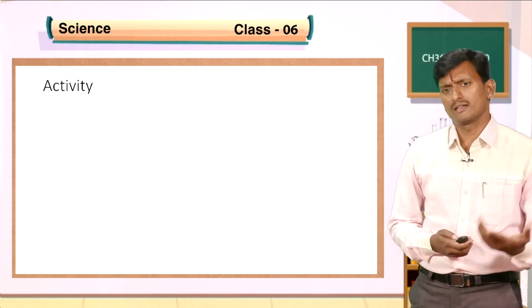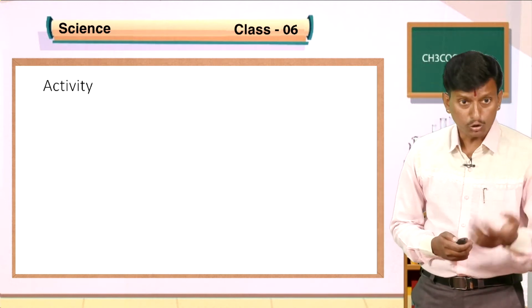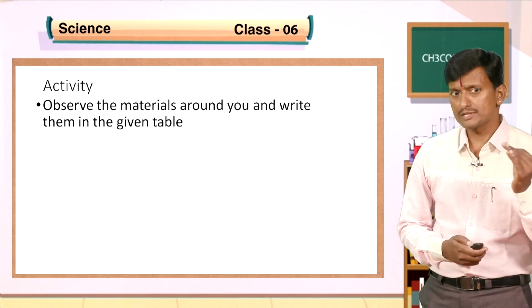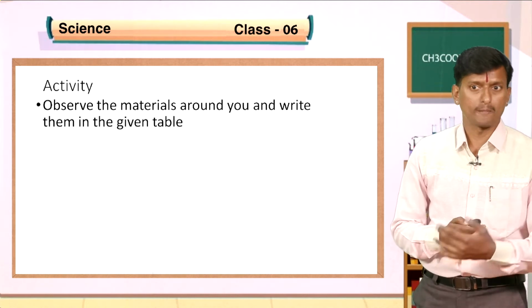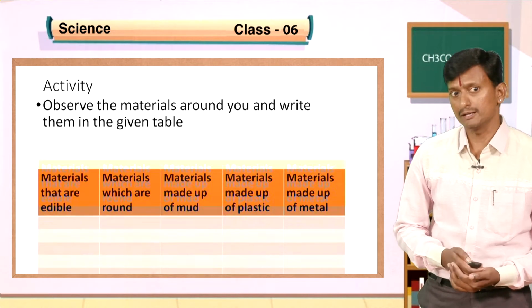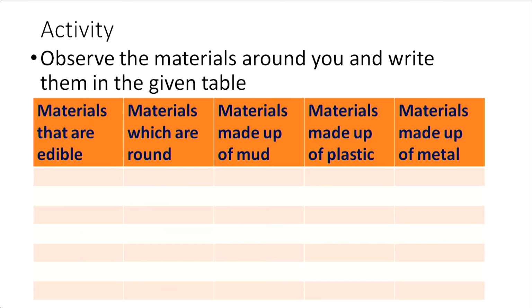Students, now one activity for you. Observe the materials around you and write them in the given table: materials that are edible, materials which are round, materials made up of mud, materials made up of plastic, materials made up of metal.